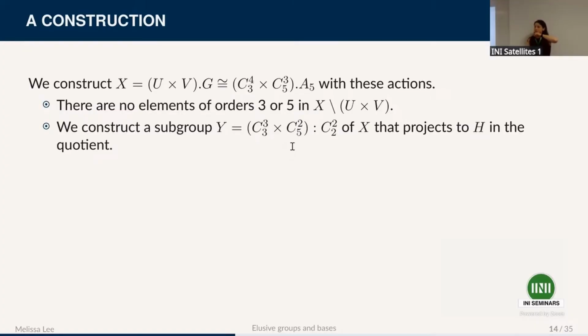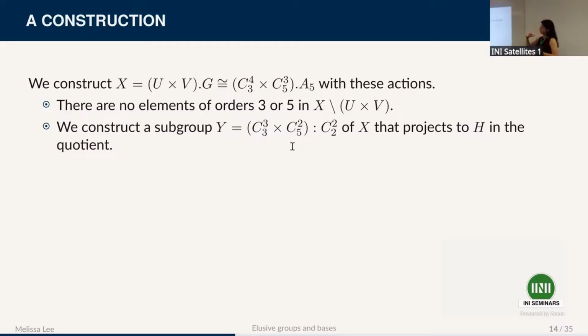Then we can't just say make this act on C2 squared again. Perhaps we need to do something a bit fancier. So we take this subgroup of X, which we're going to call Y, where I still have my C2 squared, the subgroup of A5 that I was talking to you about before. But now we also take a subgroup of our U cross V as well. How do we choose this subgroup?